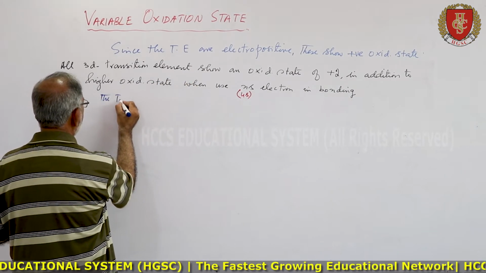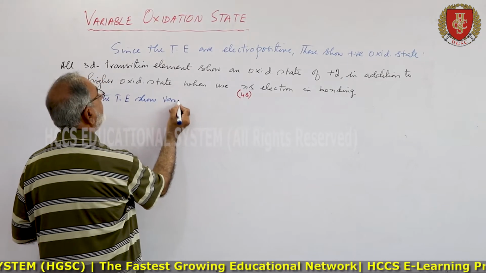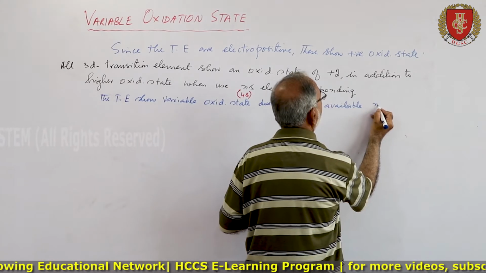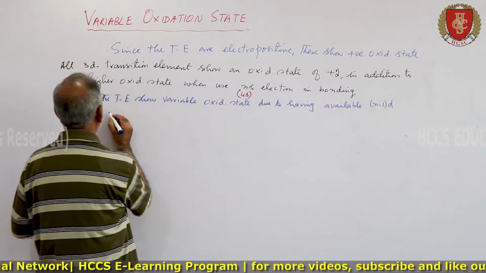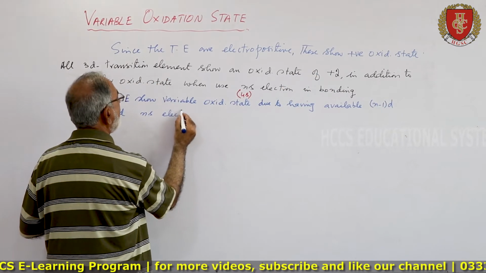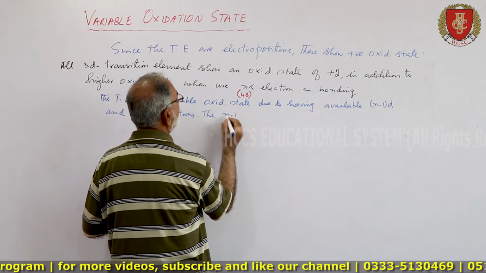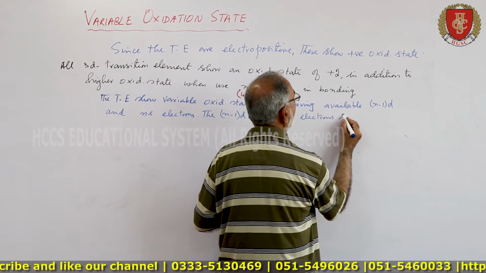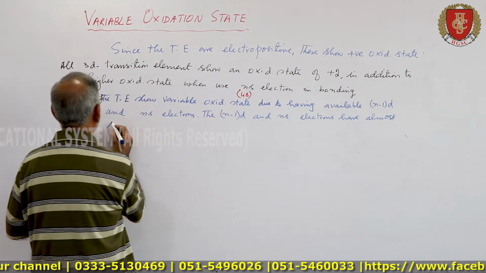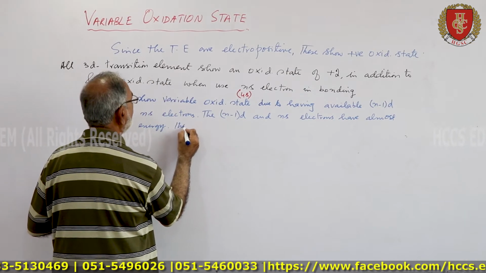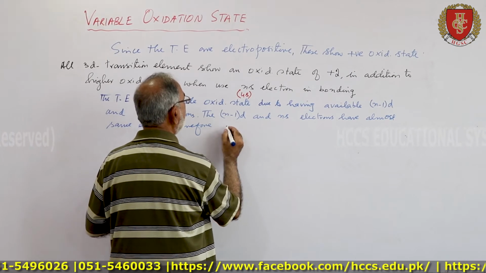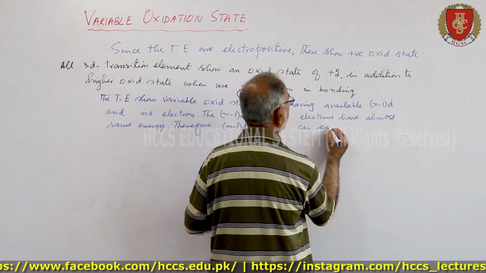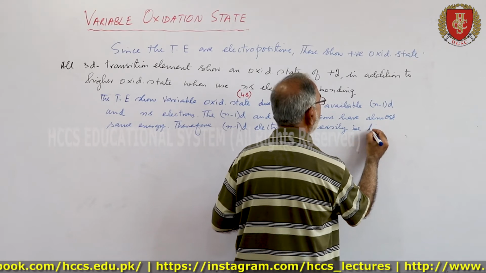The transition elements show variable oxidation state due to the availability of (n-1)d and ns electrons. The (n-1)d and ns electrons have almost the same energy. Therefore, the (n-1)d electrons can easily be utilized, can easily be lost.